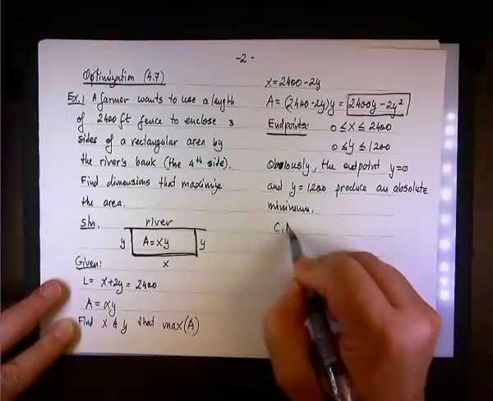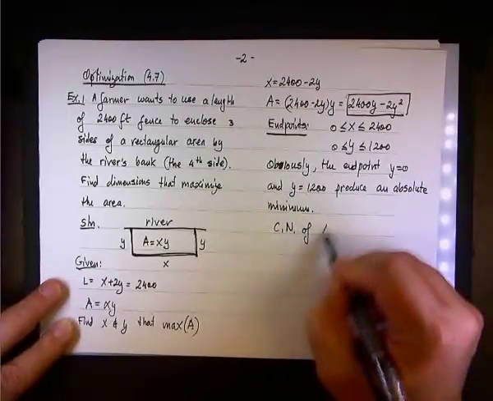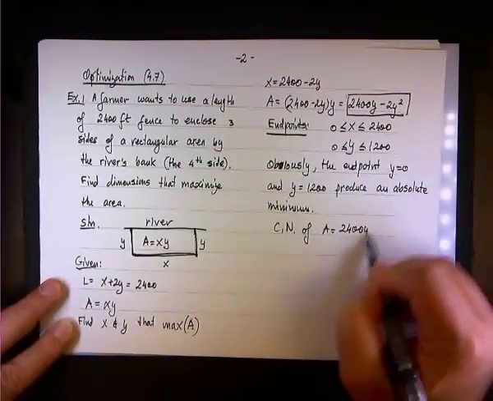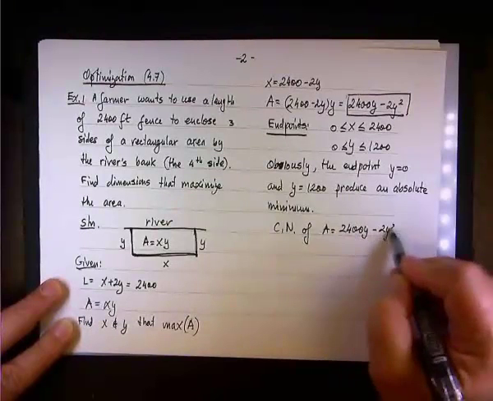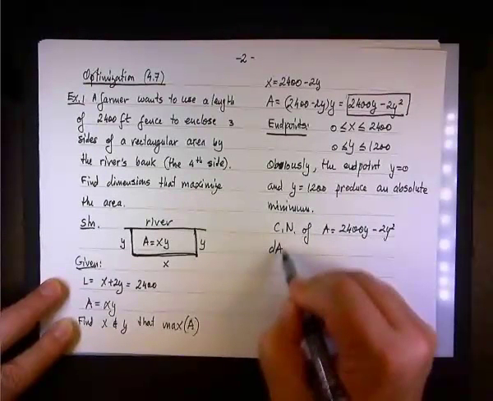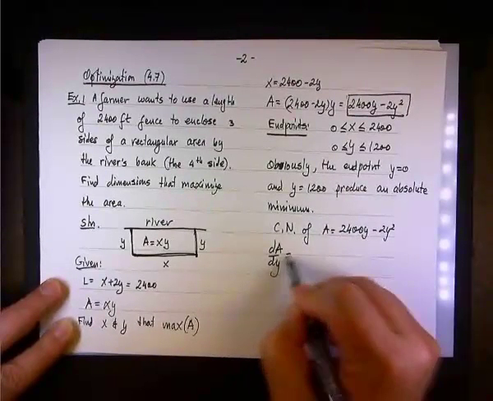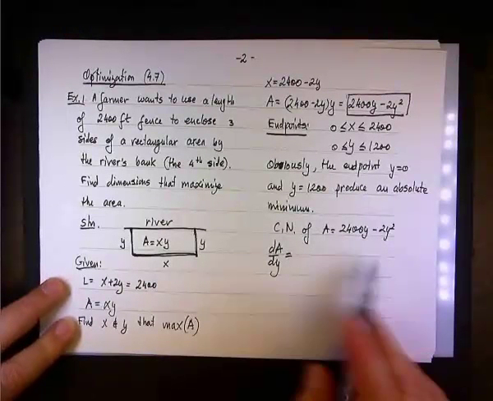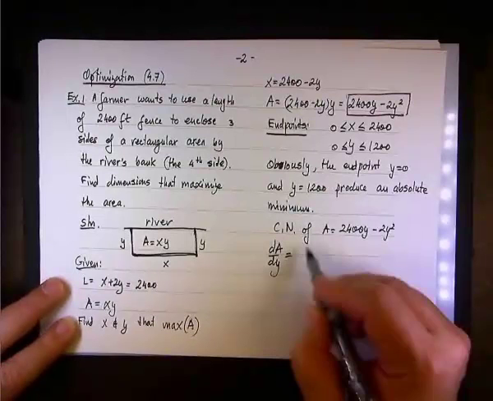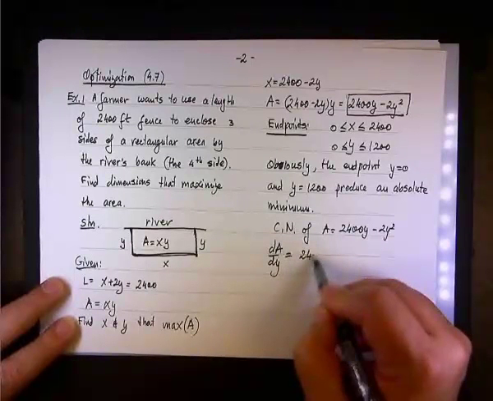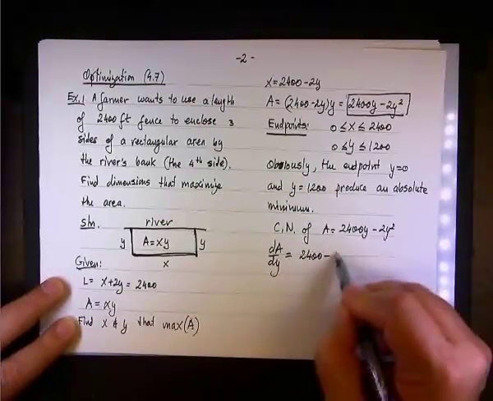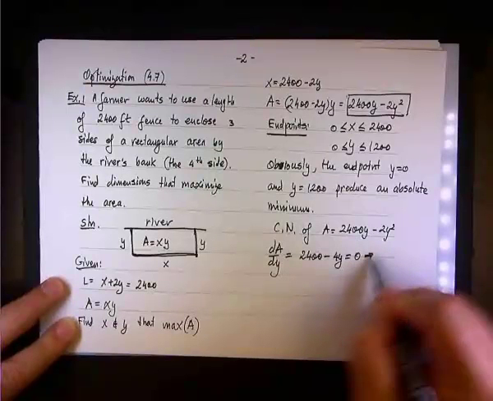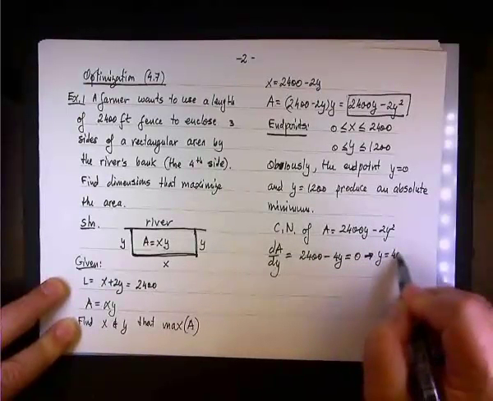Now we need to find the critical number of A equals 2,400y minus 2y squared. So we look at the first derivative, dA/dy, and we'll make it 0. We cannot make it undefined, so dA/dy equals 2,400 minus 4y, and we want it to equal 0. This happens when y equals 600.